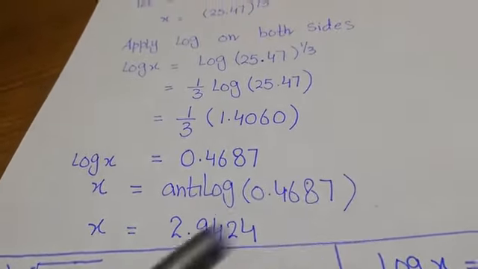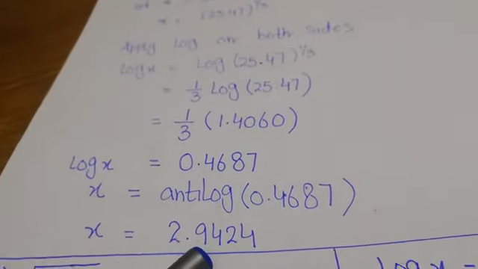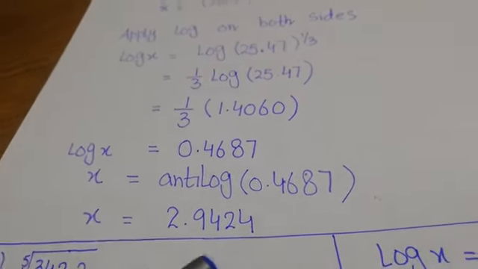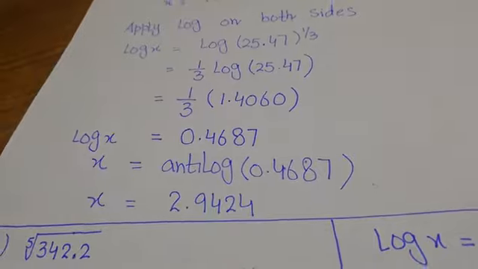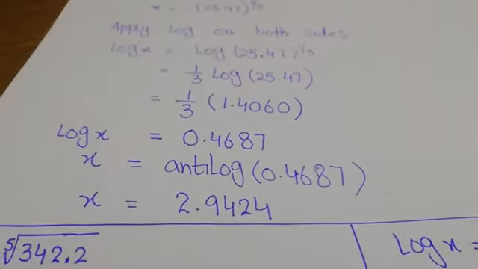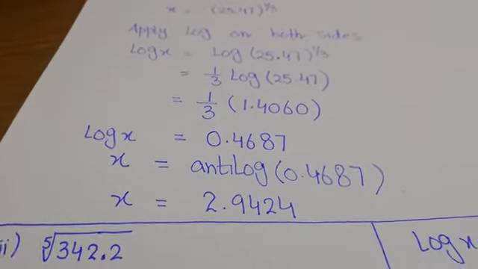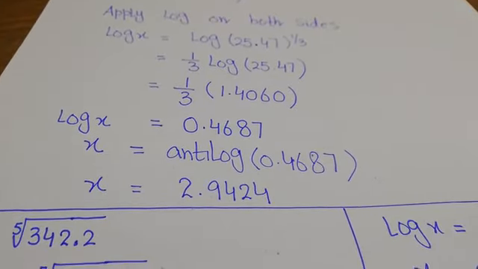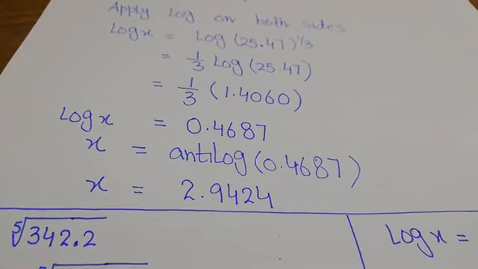It means if I take the cube root of 25.47, the answer will be 2.9424. Clear? And one thing to tell you is how to take anti-log. To take anti-log, you have to press the shift button, then the log button, then write the number and press the equal sign. The answer will be this.